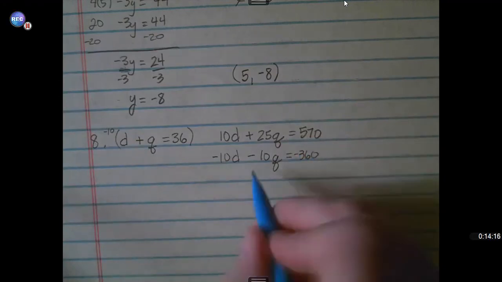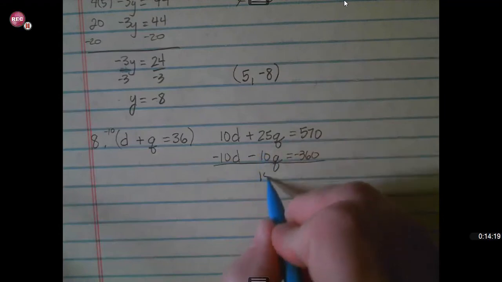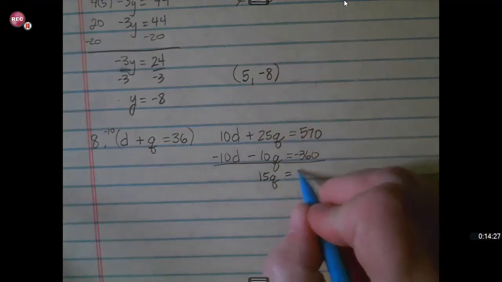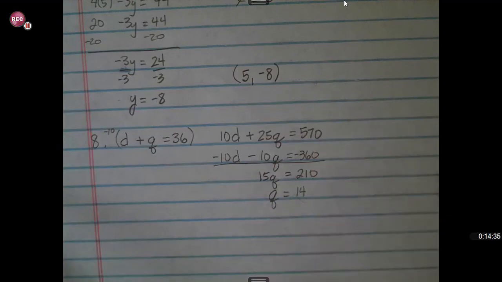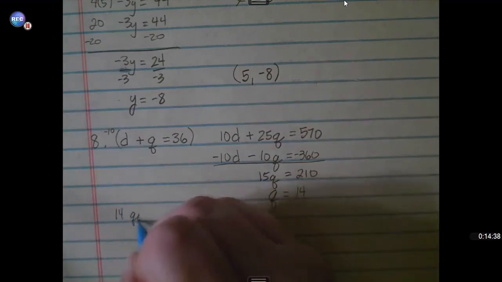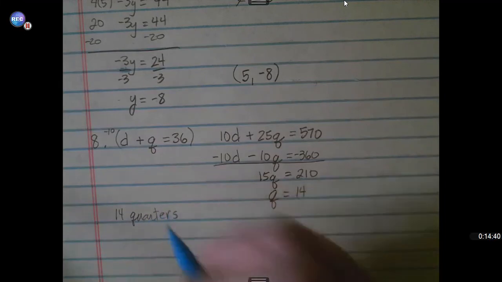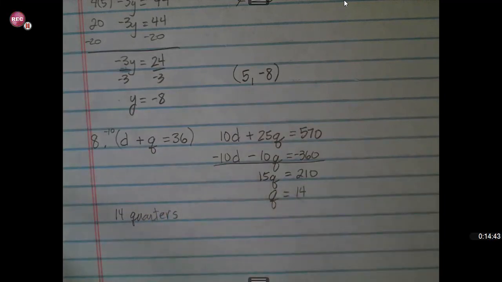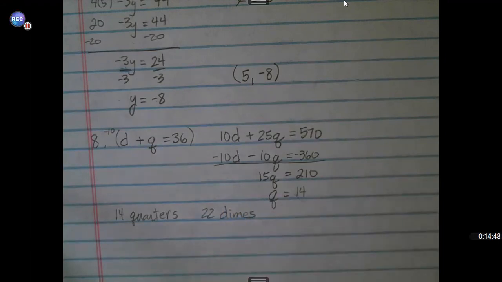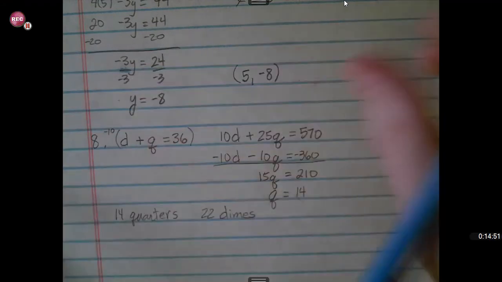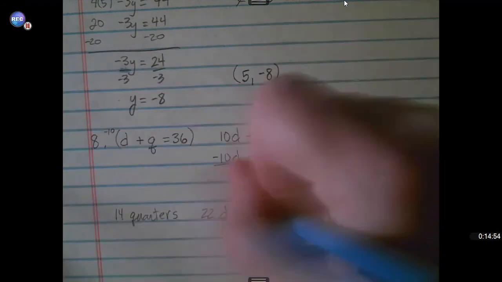Okay, so I add those together, I get 15q equals 570 minus 360, then divide by 15, and the quarters is 14. So I have 14 quarters, and then 36 minus 14, I have 22 dimes. And it asks how many dimes and quarters there are, so it's asking how much of each one.